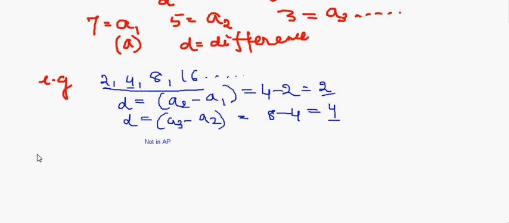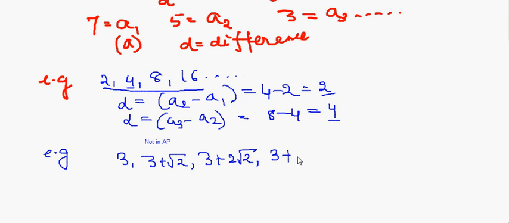Let's take up another example to make ourselves clear and have a better understanding. Look at this series of numbers. I'll just take the first 4 numbers, which I think is enough for us.